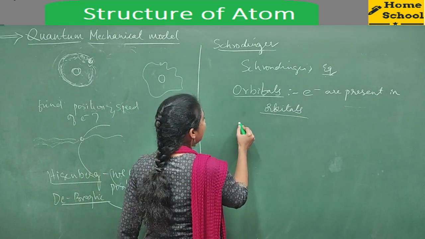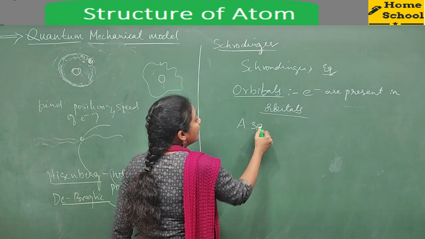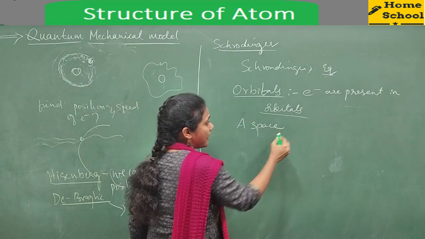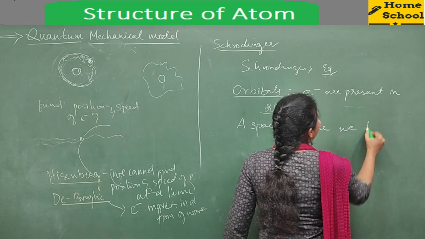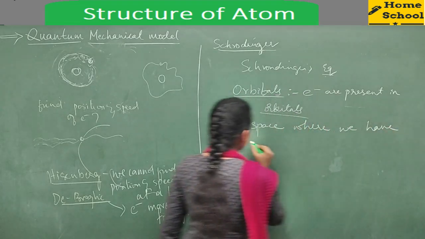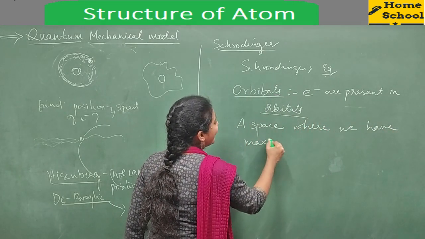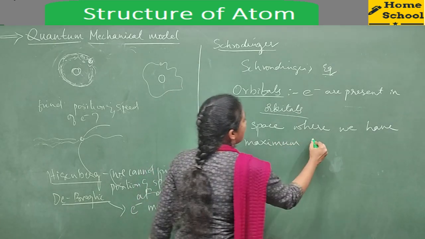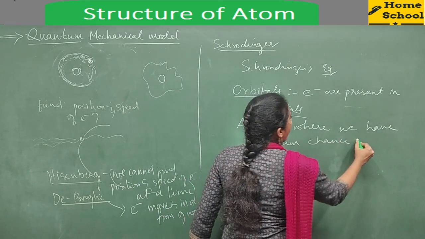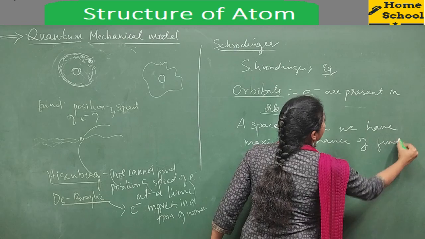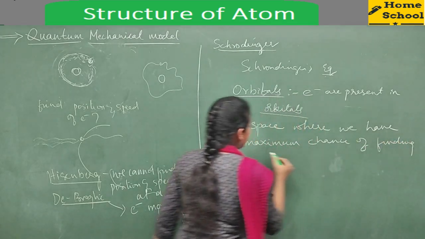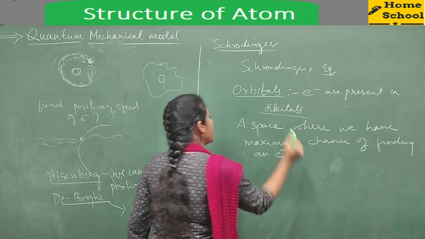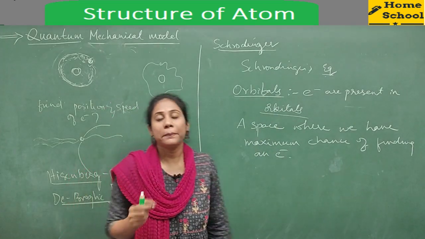It is nothing but a three-dimensional space where we have maximum chance of finding an electron. Such a space we will call orbitals.